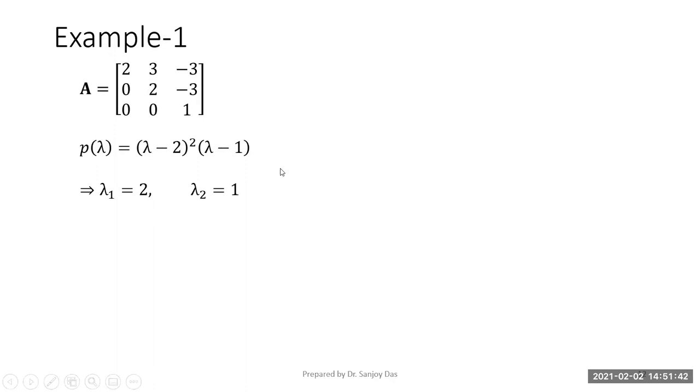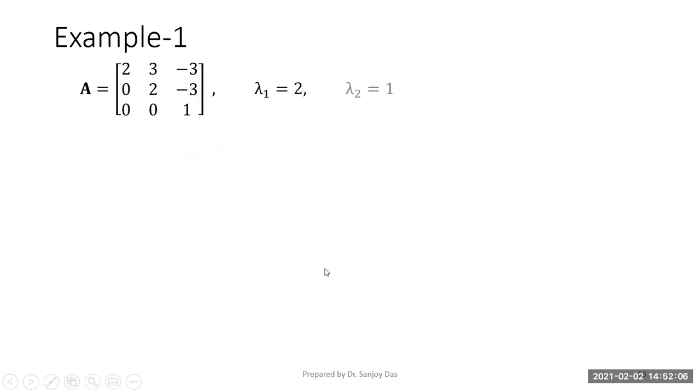And using non-unique indexing, lambda 1 equals 2, lambda 2 equals 1. What's the algebraic multiplicity of lambda 1? 2. And the algebraic multiplicity of lambda 2 is 1. So mu of lambda 1 equals 2, and mu of lambda 2 equals 1.